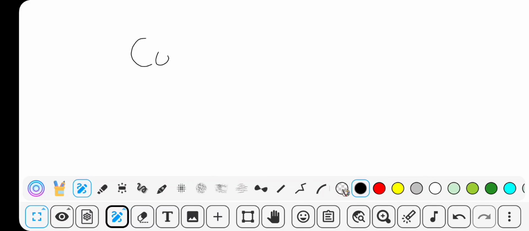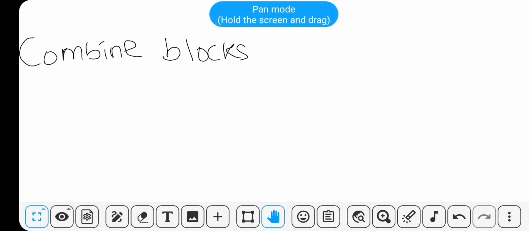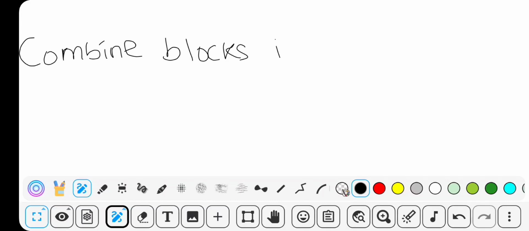So the rule we are using now is the rule for combining blocks in parallel.